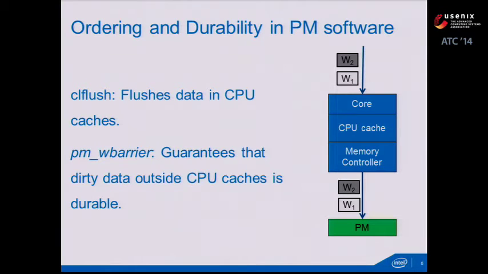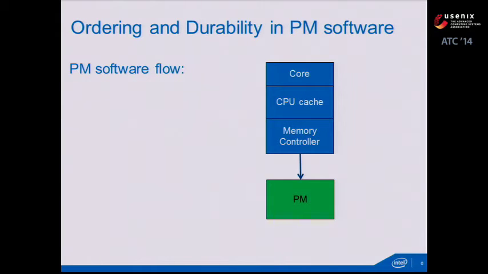It's a very simple primitive. It just guarantees the software that on the completion of a PM write barrier operation, all the dirty data that was already out of the CPU caches is made durable by being pushed to the power failsafe buffers.